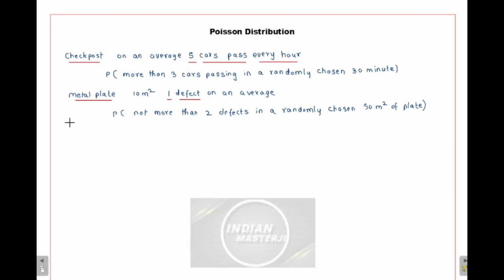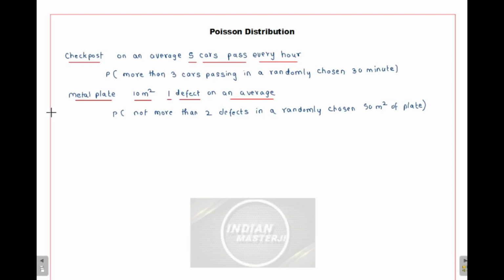Here we were talking about an interval of time. Similarly, here we have introduced the average rate of occurrence over an interval of space. I have used the area, 10 meters square. So on an average, we are claiming that for a 10 meter square area, there is one defect.